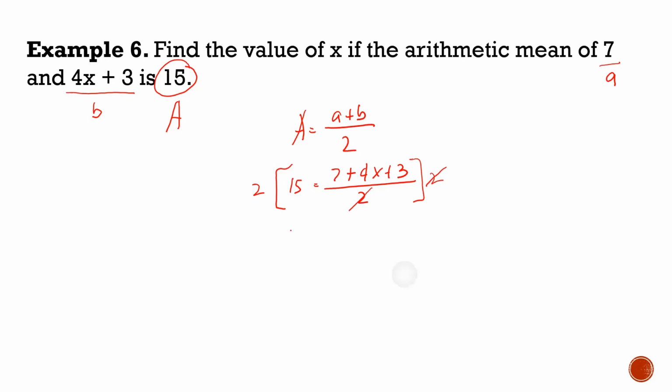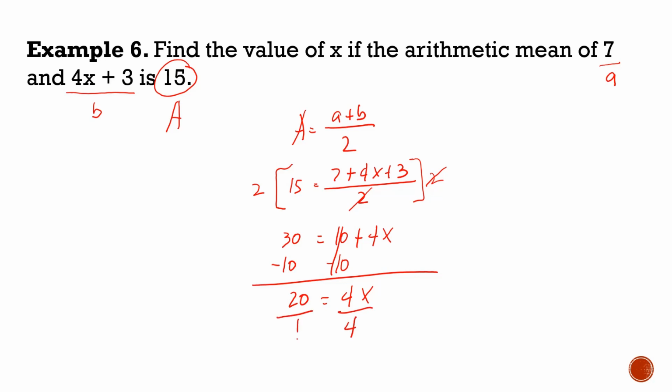So in this case, it's 2, right? 7 plus 3, we can add those two, that's 10, plus 4x. Next is subtract 10 on both sides. This will be 4x equals 20. Our objective is just to find x, so we will divide by 4 on both sides. Our x is equal to 5.